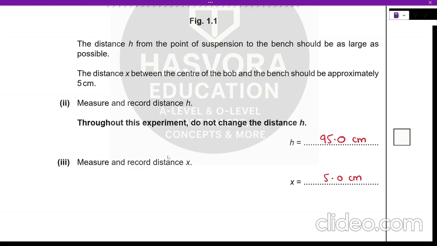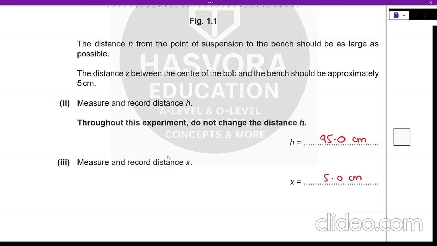I'll be using assumed values throughout this experiment because I have not conducted this experiment. I am just using assumed values to carry out the working and show you how to perform these questions. So h is 95.0 centimeter.